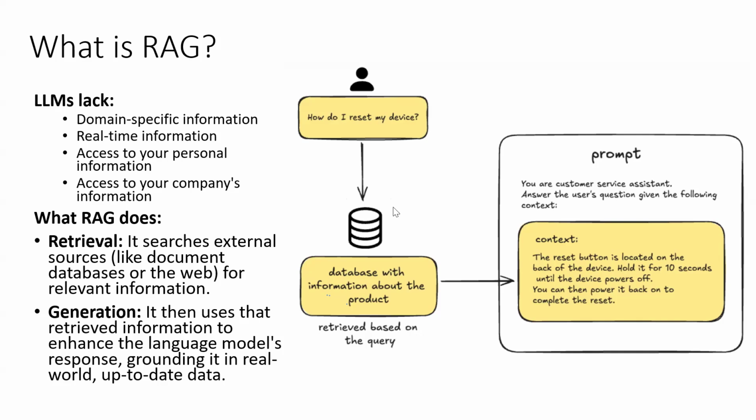Okay, so this database will have the information of all of your products, all of your catalogs, right? For example, this question may be from any mobile manufacturing company. Okay, so if the user is asking, how do I reset my device? Then we should augment that particular question with some context or some details or some data which is specific to the device the user is talking about.